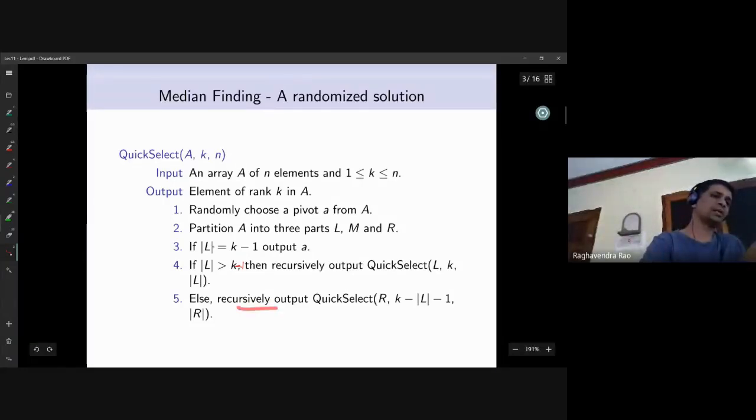Else, we know that the element should be in R, and we accordingly shift the rank of the required element and then recursively compute.